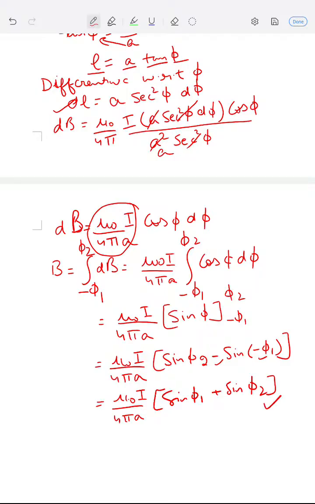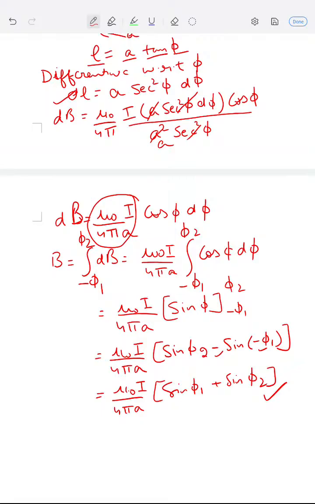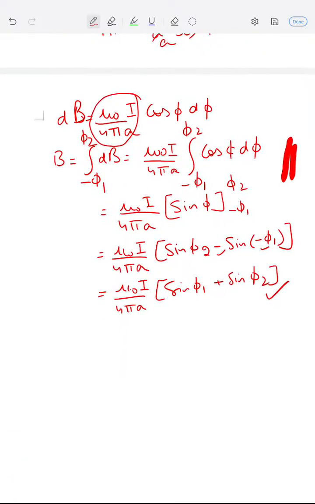Okay, so this is the derivation of magnetic field from a straight long conductor, long wire conductor. Now we consider the cases. If φ1 and φ2 are 90 degrees or π by 2, what is the magnetic field here?